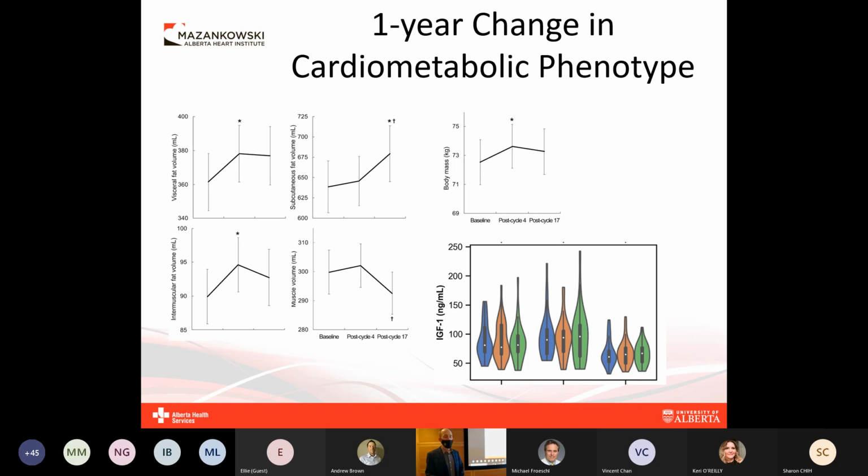And many of the patients you can see here had a significant drop in IGF-1, and low IGF-1 is predictive of future cardiovascular disease. So these patients seem to have adverse changes to their cardiometabolic profile during their treatment.